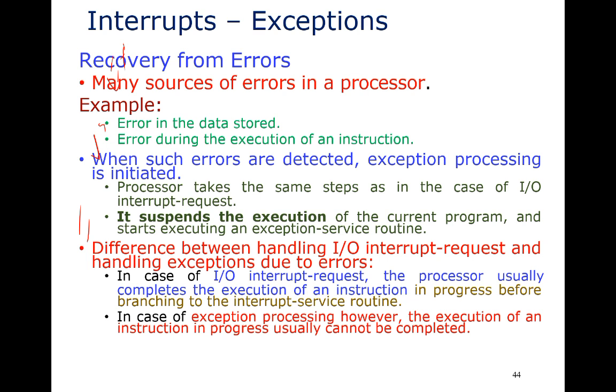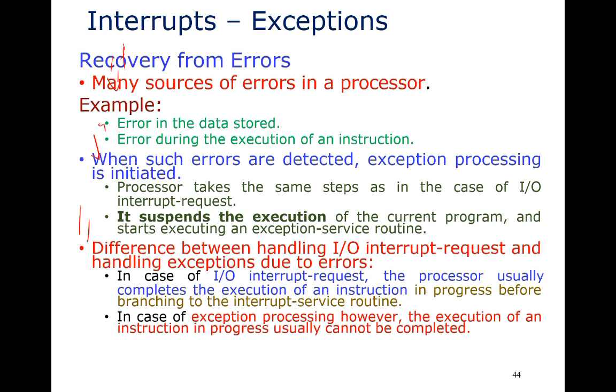Simply put, an interrupt usually comes from outside the processor, while an exception is associated with a condition detected during the processor operation.